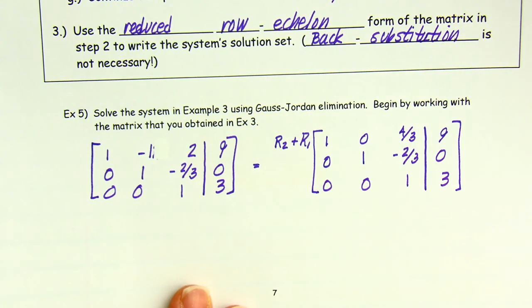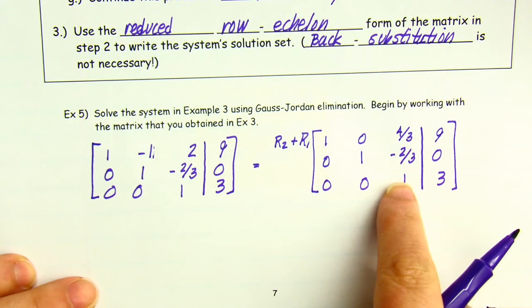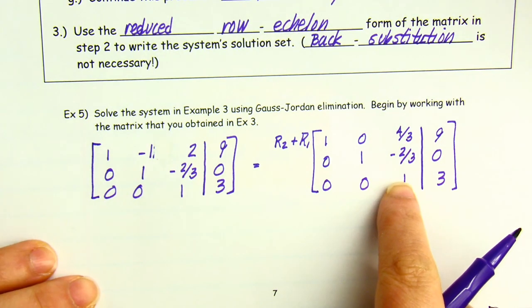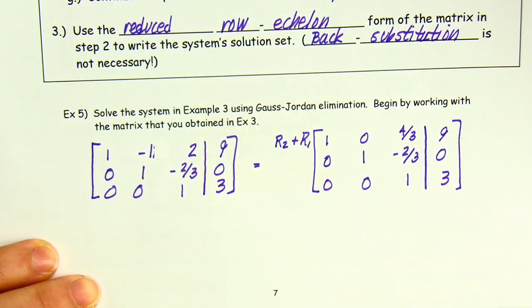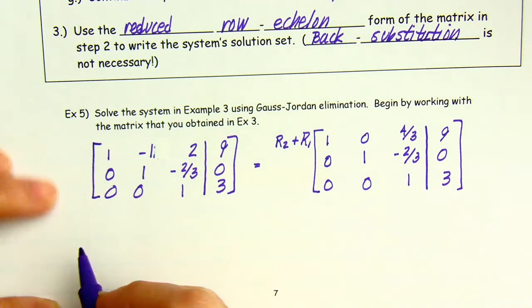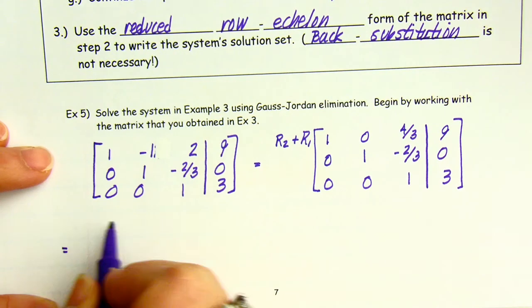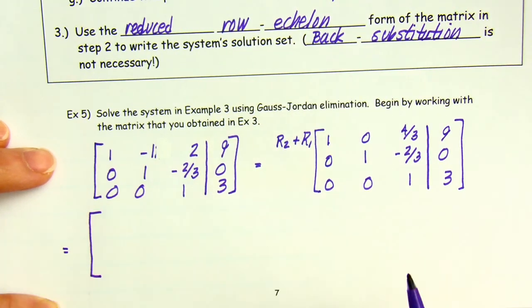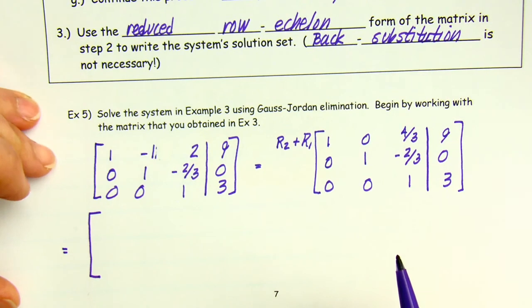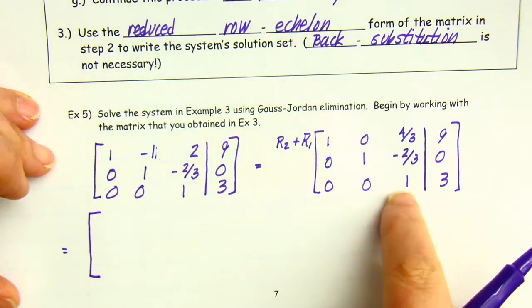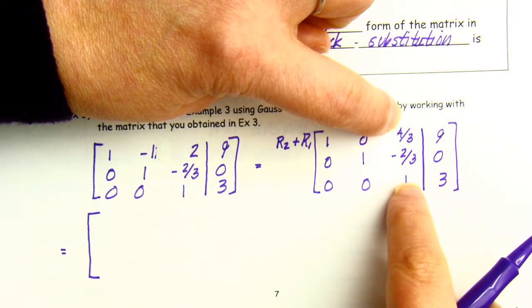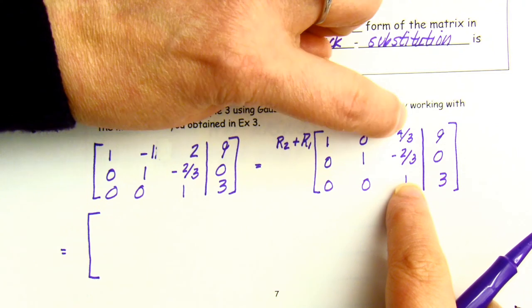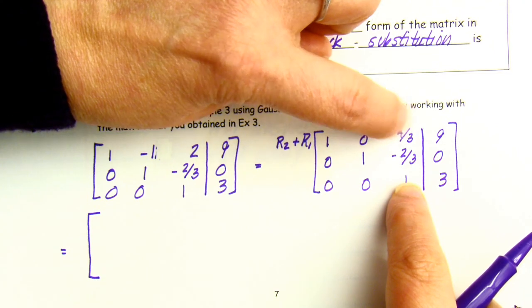Now, we're going to use this 1 on the bottom, if necessary, to make that be a 0 and that be a 0. Well, both rows 1 and 2 are going to change. We just have to figure out what operation to make it change. I'm using the 1 to make this be 0. So if this 1 is -4/3, and then I add it to row 1, I'm going to get a 0.